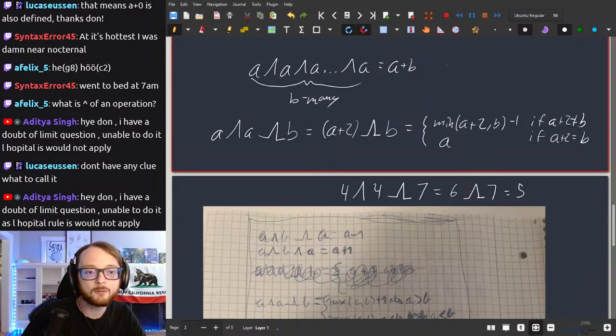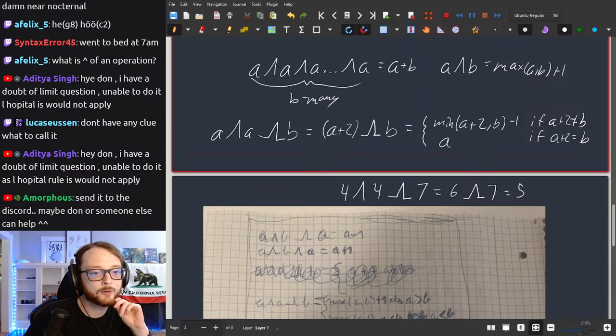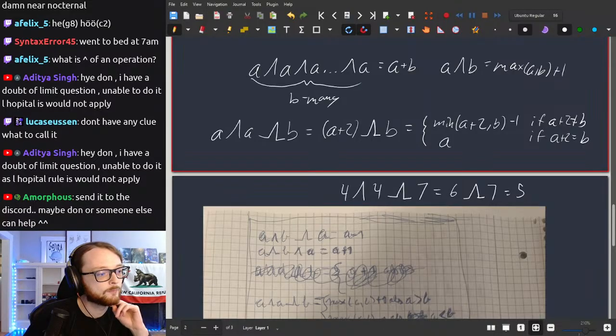And if you have A wedge B, then it's max of A, B plus 1. Lucas has just been trying to investigate this. Apparently someone else has done it first, but he's been curious about finding properties of this.